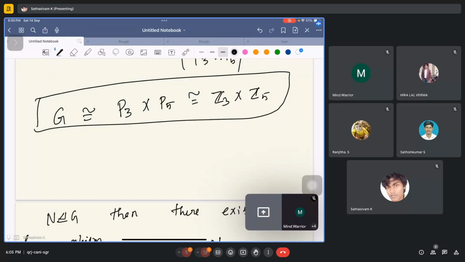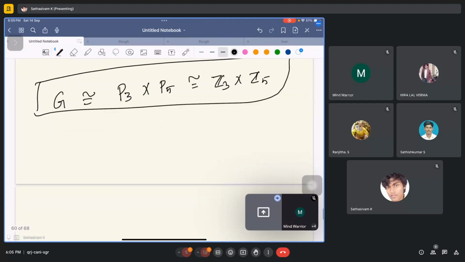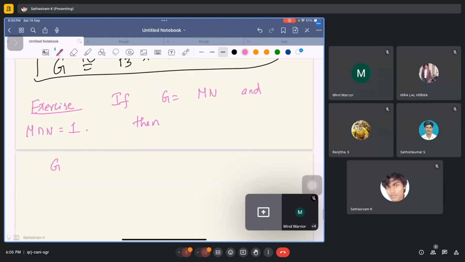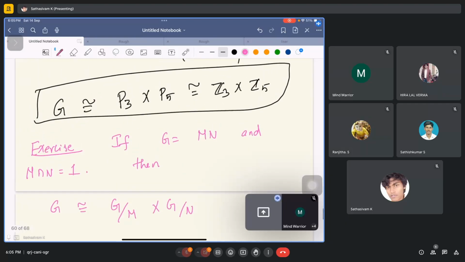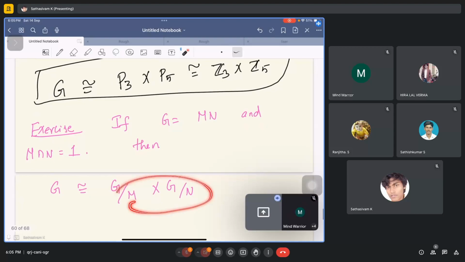It's very easy to do. So, I will write the statement. Maybe you can try to prove it. Keep it as an exercise. If G equals, let's say, MN, and also assume M intersection N is trivial, then G is isomorphic to G by M cross G by N. Basically, M and N are normal subgroups, of course, otherwise this does not make sense.